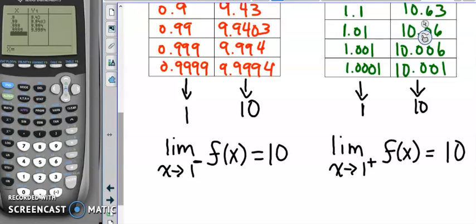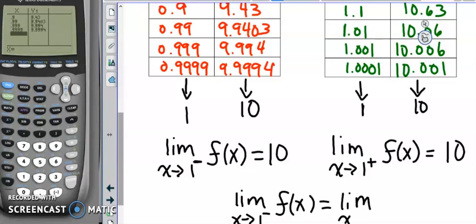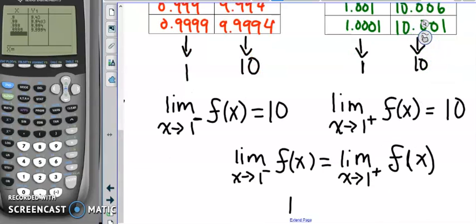So our whole goal is to get them to equal each other. So that is what is happening here. The limit as x approaches 1 from the left equals the limit as it approaches from the right. So that means we satisfied step 2. In other words, this is 10 equals 10. All right, so we satisfied that.